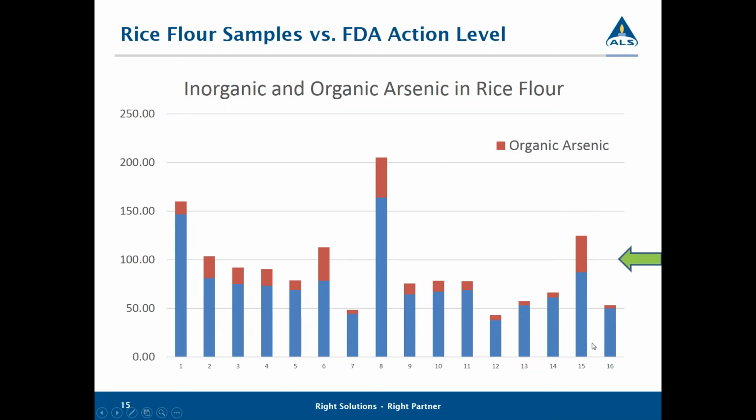And you can also see that if you include, in some cases, the red, so if you look at just sample number 2 of rice flour there, just by including some of the organic arsenic, which might be of a harmless form, you may go just above the action limit. In some cases, and number 15, it's quite significant how much it will go above the FDA limit.